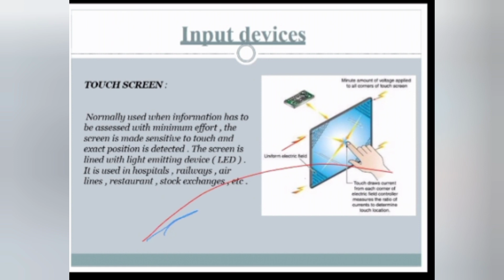The screen is lined with light emitting devices, that is LED. A few more examples of touch screens are hospitals, railways, airlines, recruitment, stock exchange, etc. Wherever you go you will see them, even in the metro or railway stations.